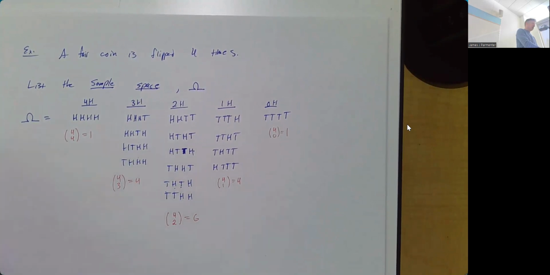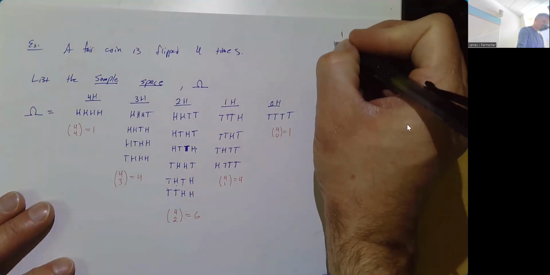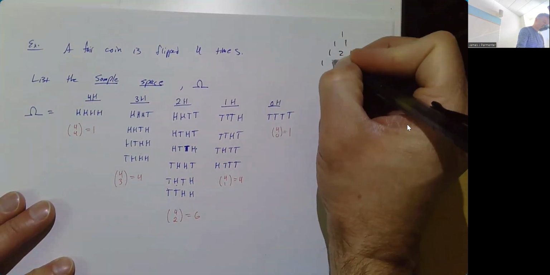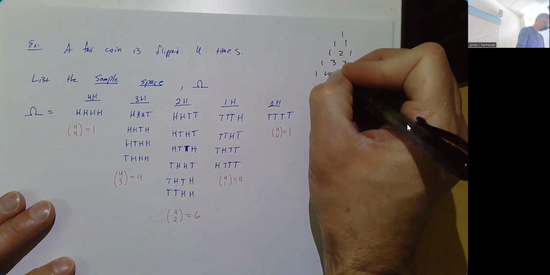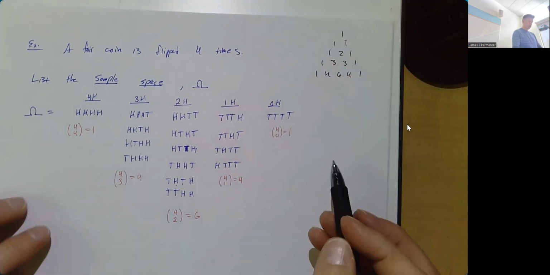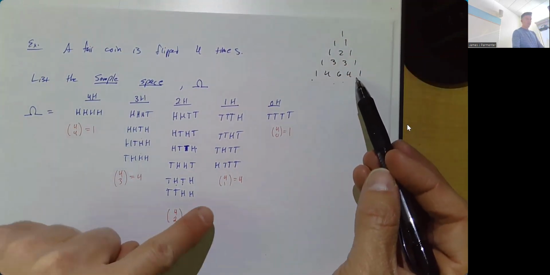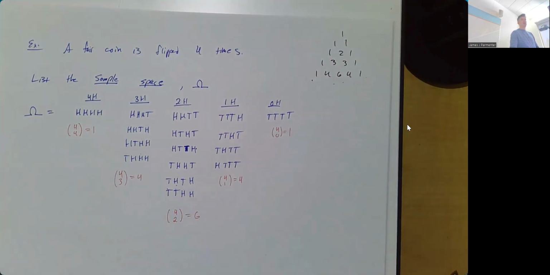This seems like as good a time as any to remind you of a cool thing. Have either of you seen Pascal's triangle? Oh, look. 1, 4, 6, 4, 1. And it is literally the case that every number in Pascal's triangle is a choose function number.